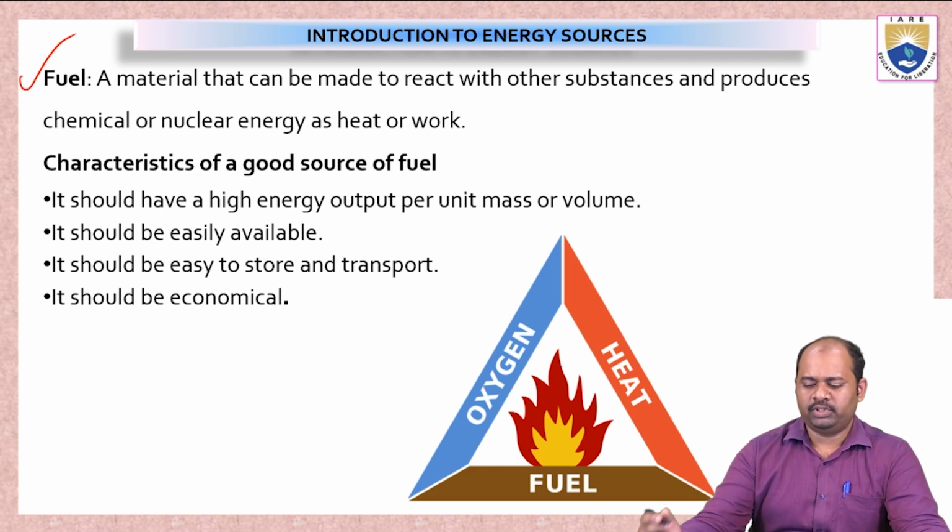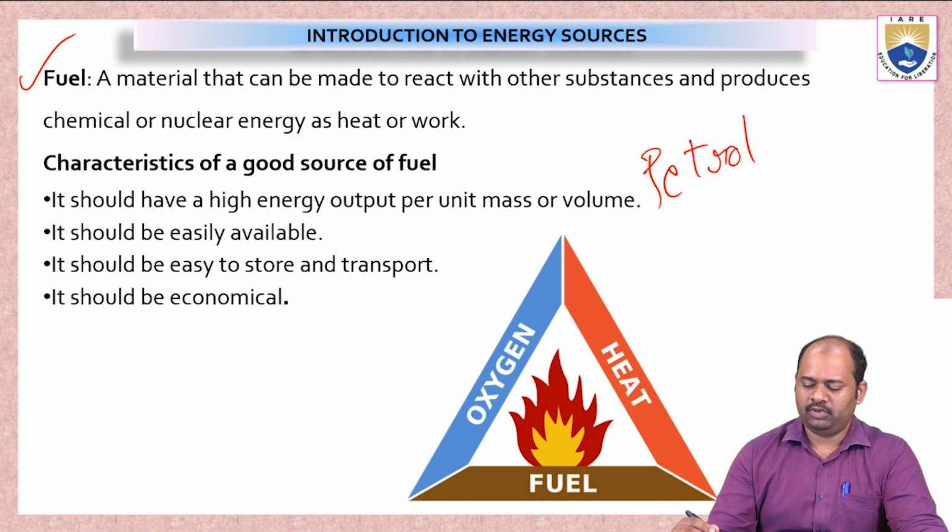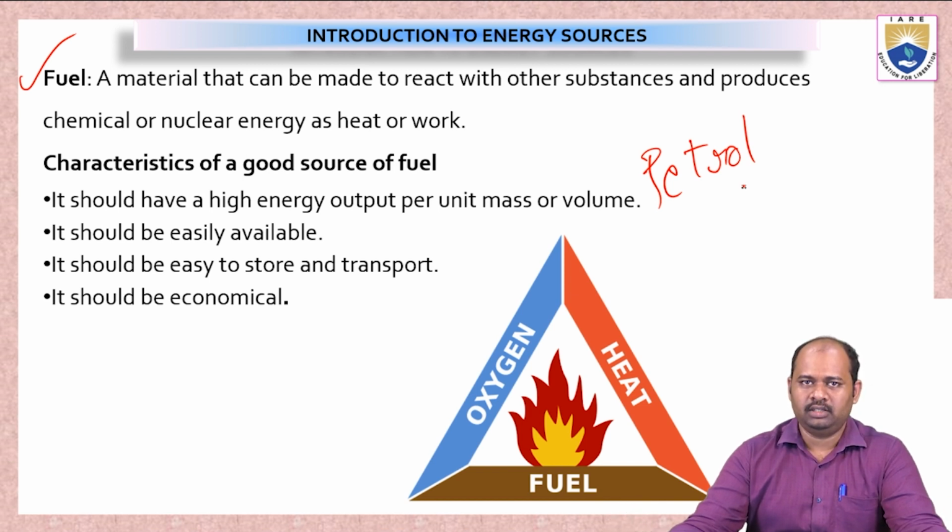So for any fuel, suppose I take the example of petrol. If I have petrol, which is a fuel, when it is combusted with the help of fire and in the presence of oxygen, it will produce a lot of heat, and this heat can be used to run internal combustion engines, or to combust other objects. So when the fuel is combined with the proper amount of oxygen, it will produce a large amount of heat.